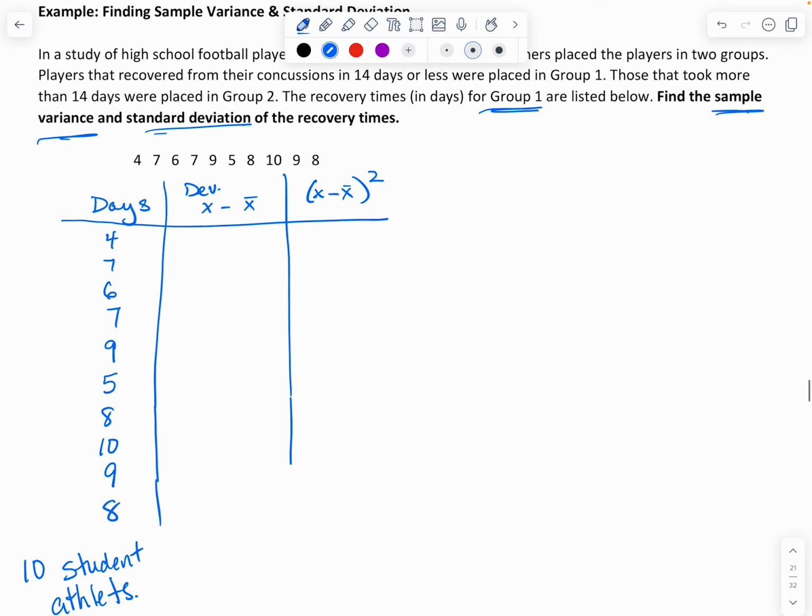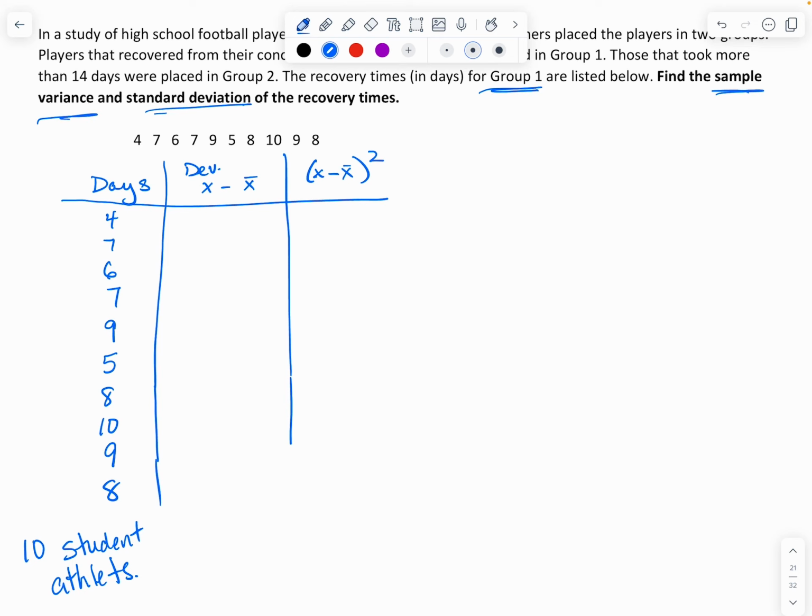All right. So this time I do not know what the mean is. So I do not know what x bar is equal to. So I am going to have to find x bar. How do I find x bar? Well, I'm going to sum up this column. So let me erase this and move it. So the sum for the number of days, if I sum this up, 4 plus 7 plus 6 plus 7 plus 9 plus 5 plus 8 plus 10 plus 9 plus 8.